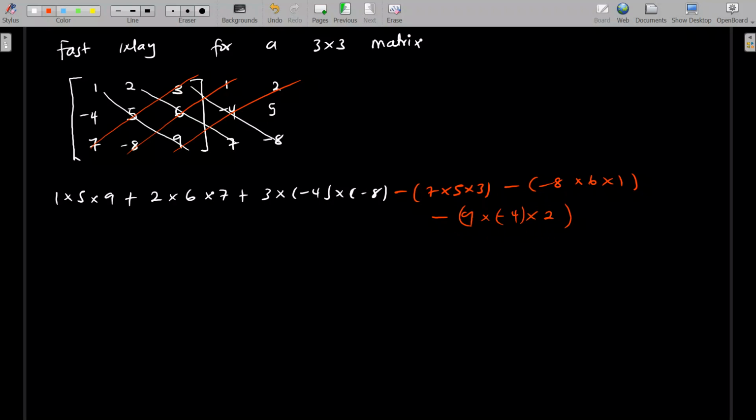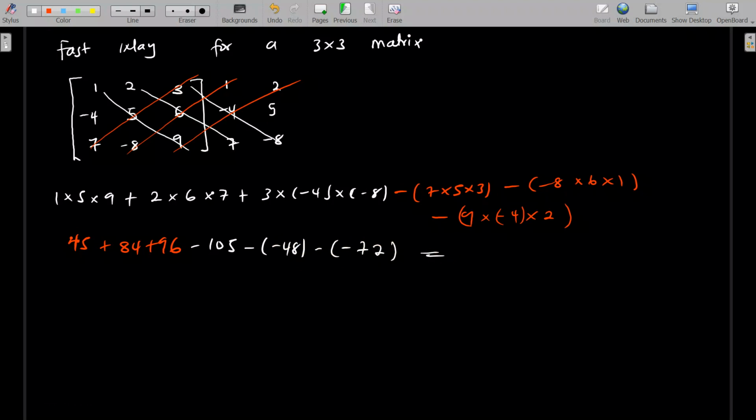When you do this, 5 times 9 is 45, so I'm going to write 45 here. The next one is plus 84, I guess, plus 96, and then with the other ones you're going to have minus 7 times 3 times 5, which is 105, minus again the product of -8, 6, and 1, which is -48, so you're going to have -48, and minus again -72, I guess.